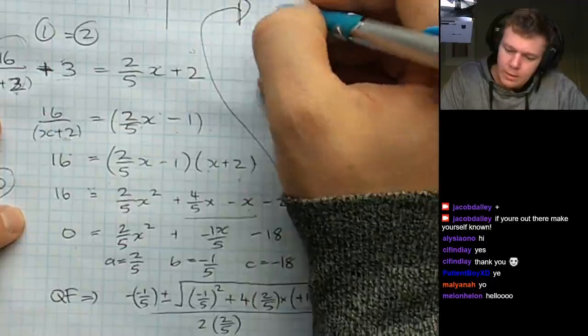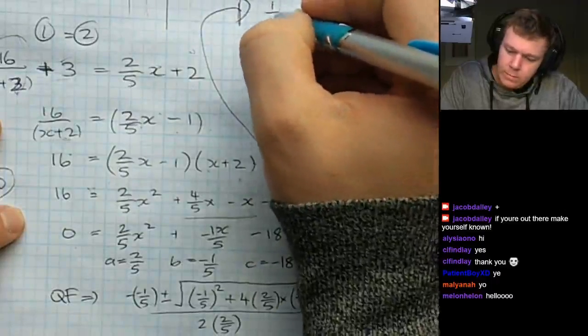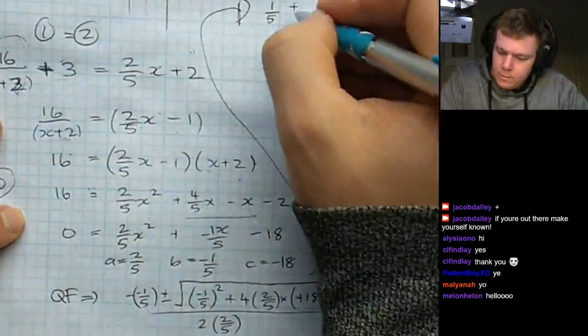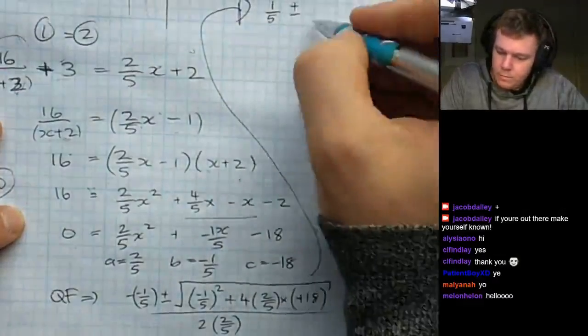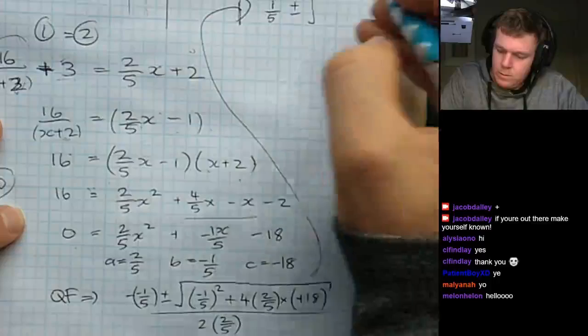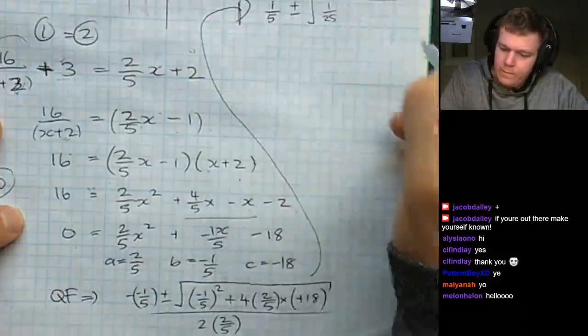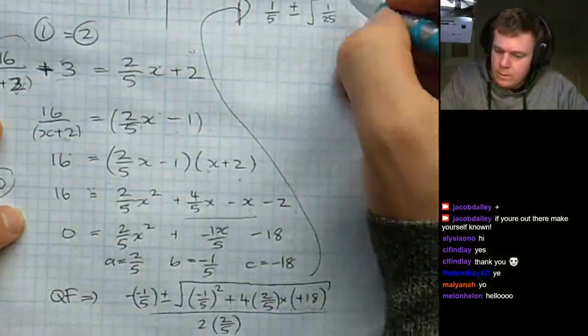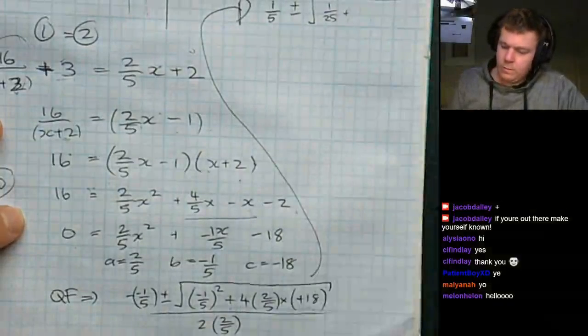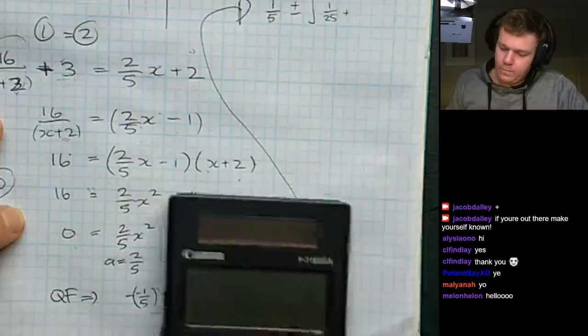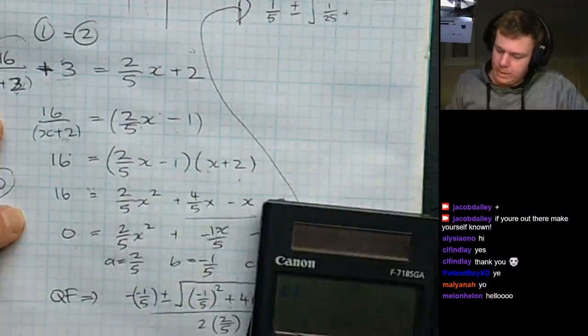So more simply, that's going to be 1/5 plus or minus the square root of 1 over 25 plus 4 times 18 times 2 divided by 5.